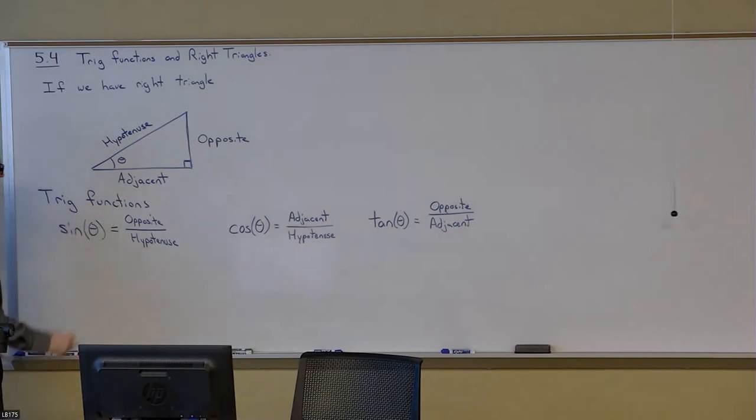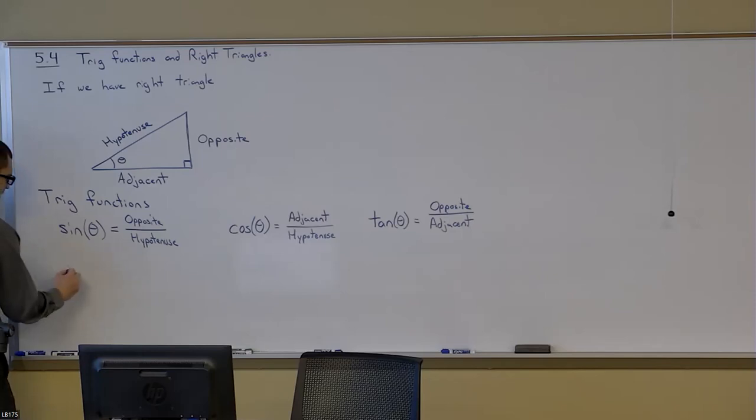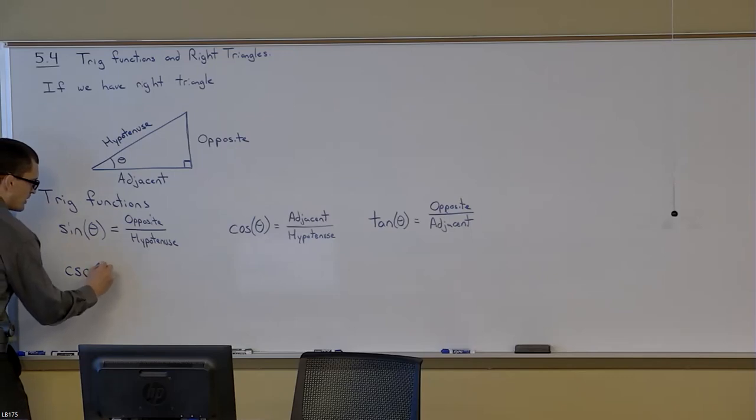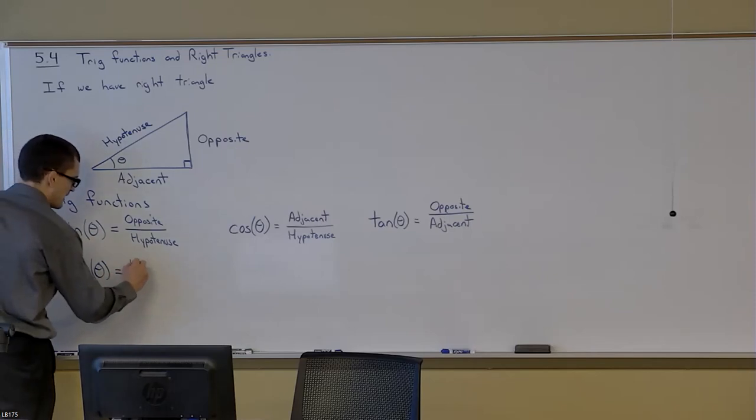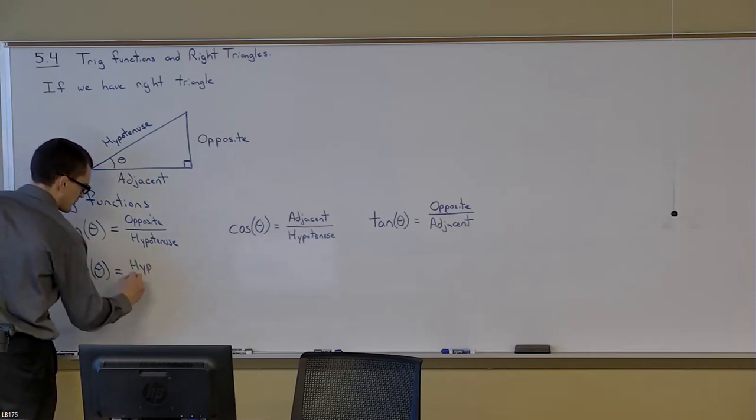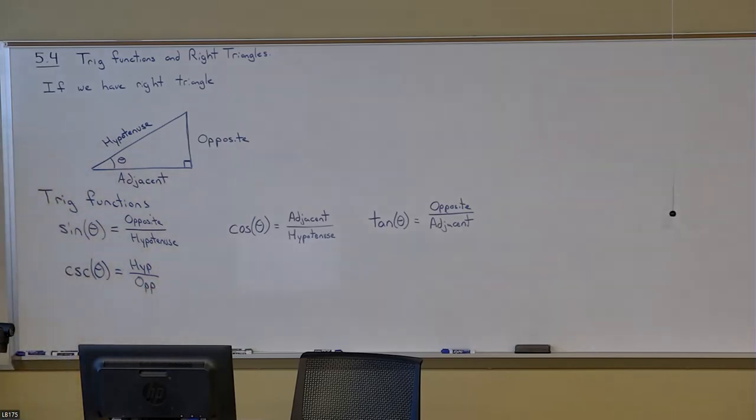And then if you want to find the other three trig functions, sine is related to cosecant. And remember, sine and cosecant are reciprocals, so you just flip the fraction. Hypotenuse, I'm not going to write the entire word, just write hyp over opp. Does that work? Hypotenuse over opposite.